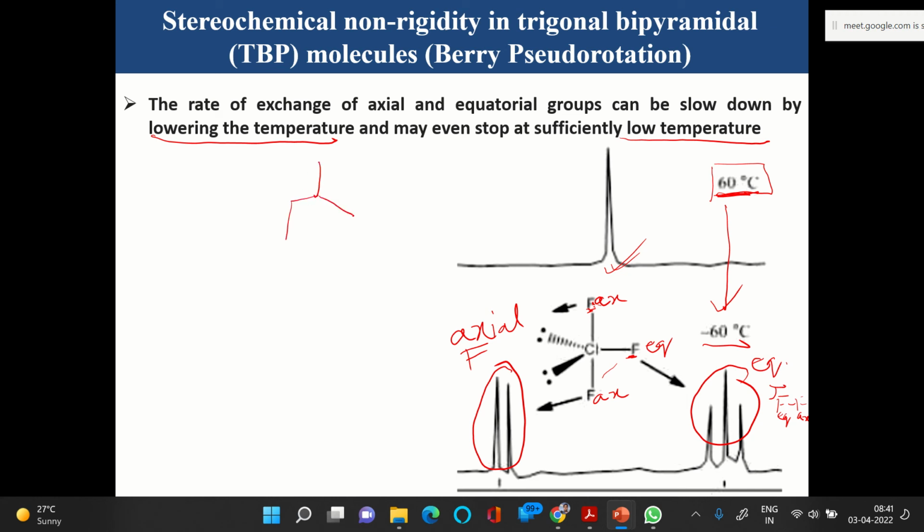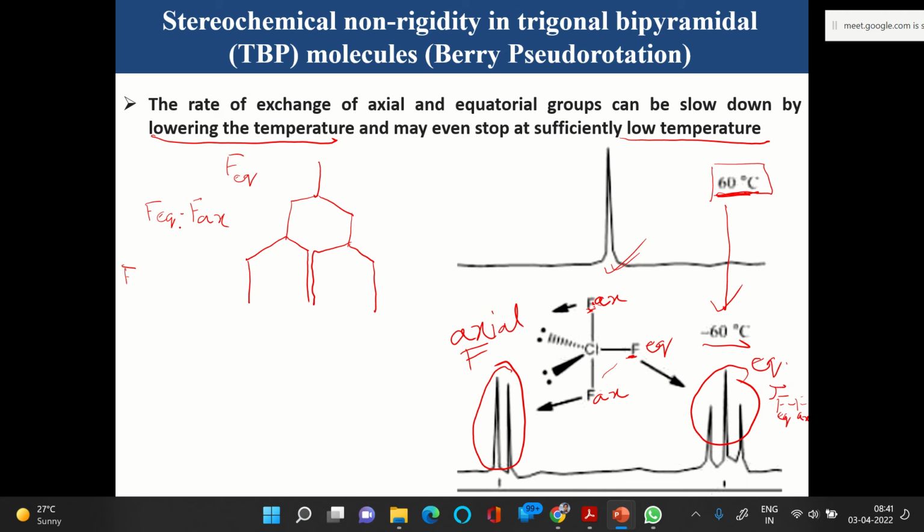You have already noted this pattern. F equatorial interacting with F axial splits into 2. Then further, these two appear at the same point, so now they are one.